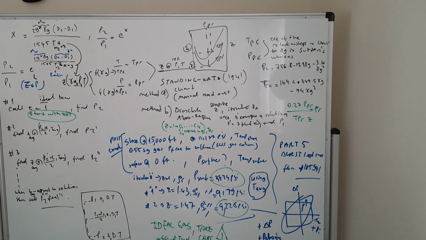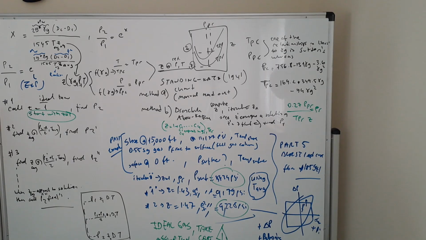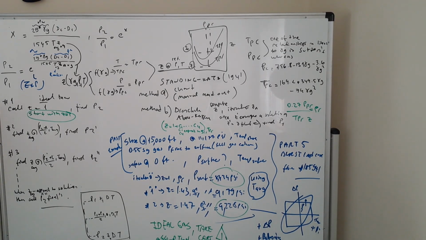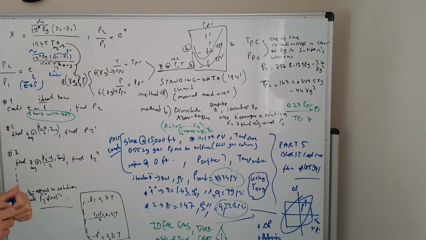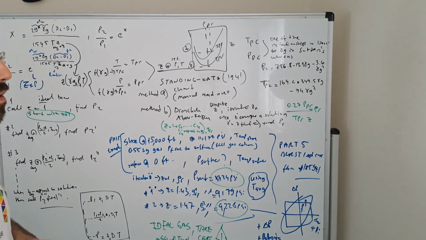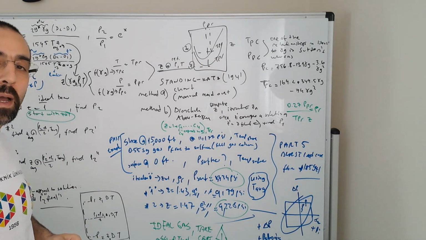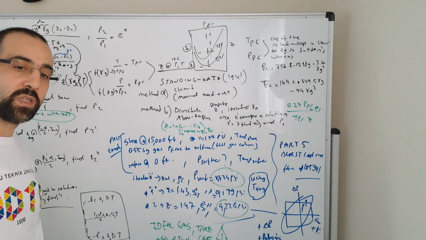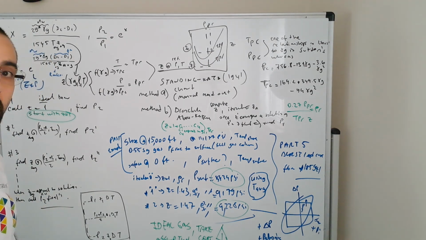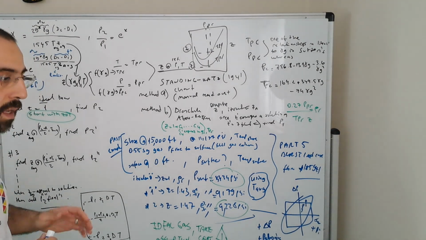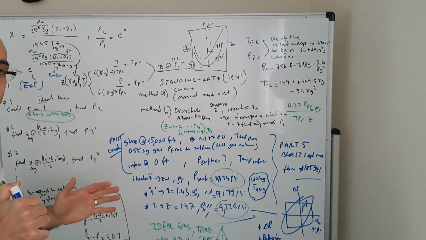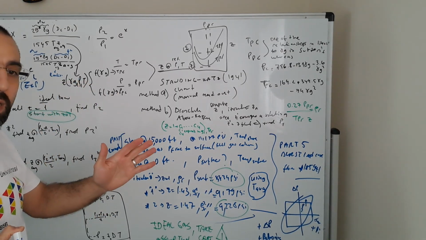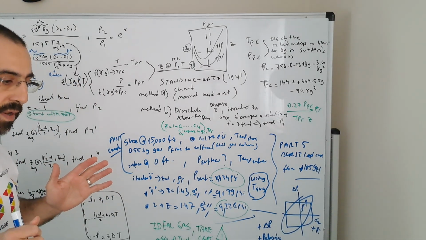But we have some issue over here: Z average. So how do we get this compressibility factor? You remember on part number 5, we assumed 1 as the compressibility factor, which is an ideal gas case. But we know there is a compressibility factor for a real gas.